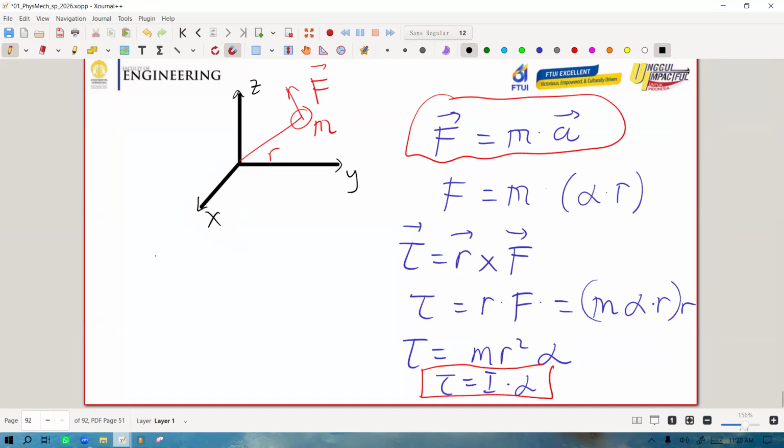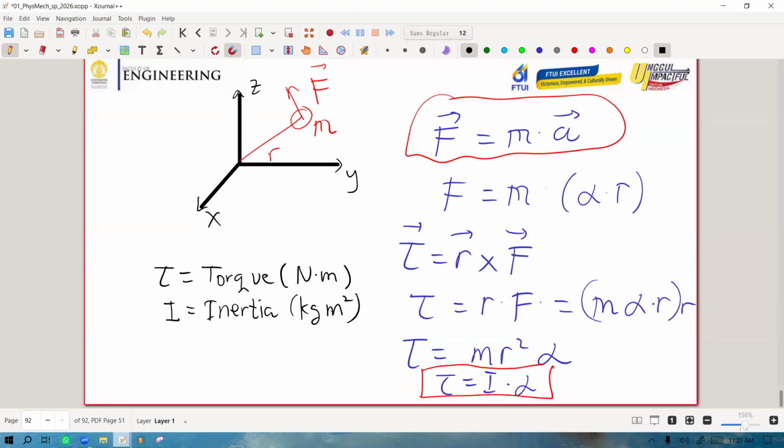So here tau is torque in newton meters, and I is the inertia in kilograms meter squared.